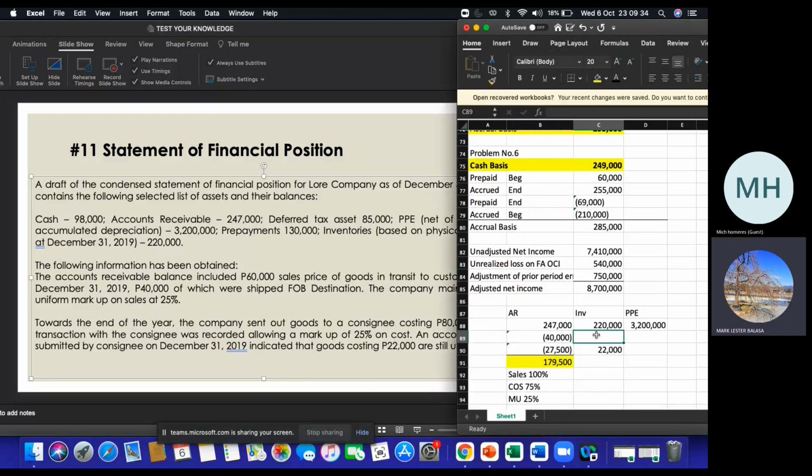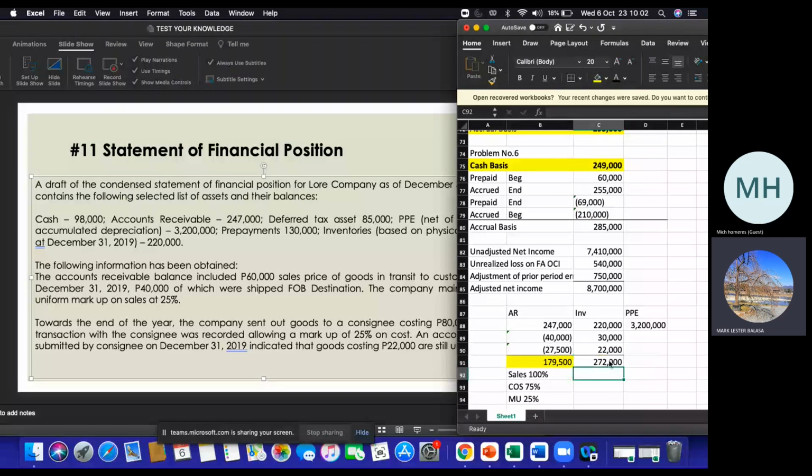Gets mo 'yon? Okay? Alright, nakuha mo 'yon? Yes, yes. Therefore, magkano na ang inventory natin? $272, tama?